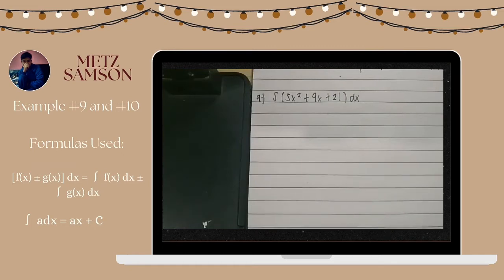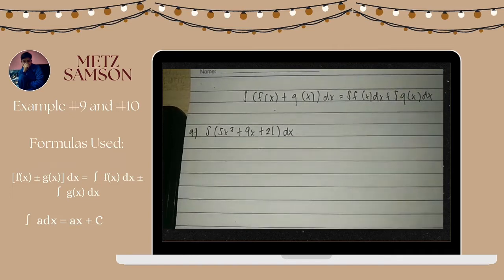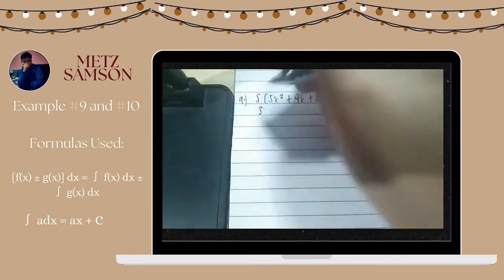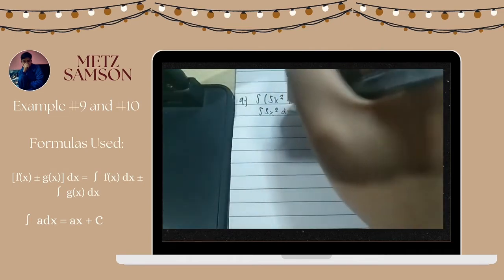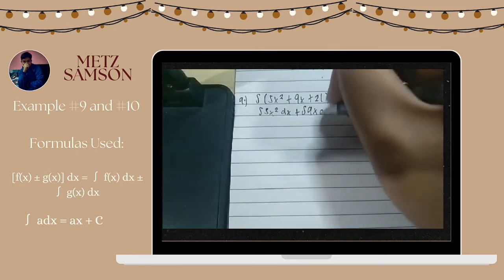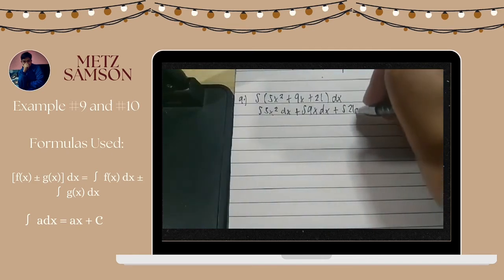Samson. So we have example number 9 and example number 10. For example number 9, we have the integral of 5x squared plus 9x plus 21 dx. The basic integration formula that we will use is the sum and difference rule. In order to evaluate it, first let's distribute the integral: the integral of 5x squared dx plus the integral of 9x dx plus the integral of 21 dx.